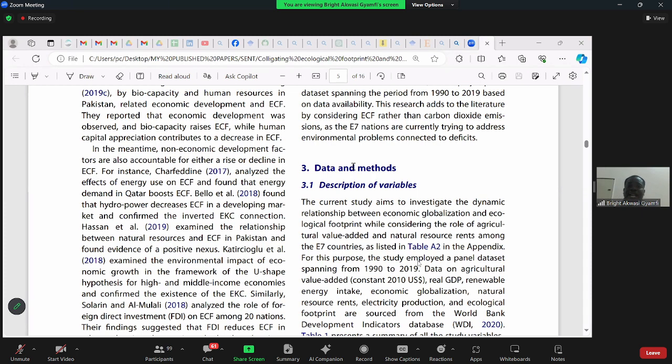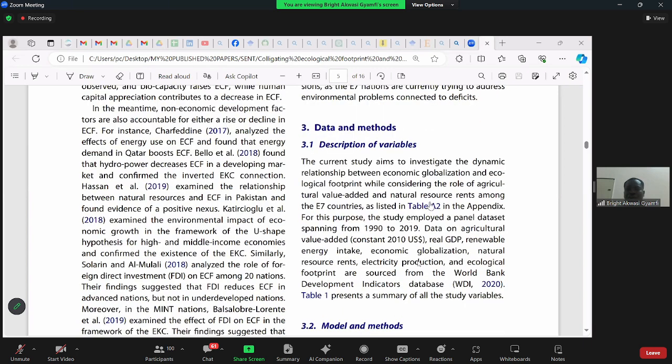So for this one, we said the current study aims at investigating the dynamic relationship between economic globalization and ecological footprint, whilst considering the role of aggregate value added and natural resource rent among these 7 economies, as listed in Table A2 in the appendix. For the purpose of this study, this study employed panel data from 1990 to 2019.